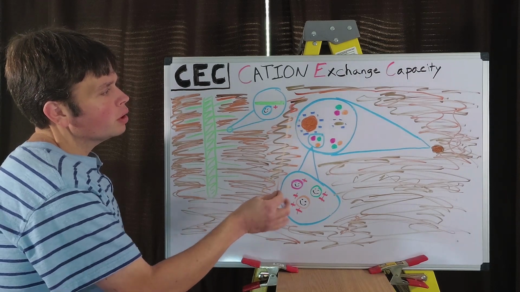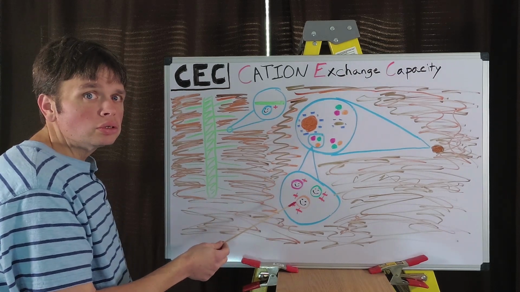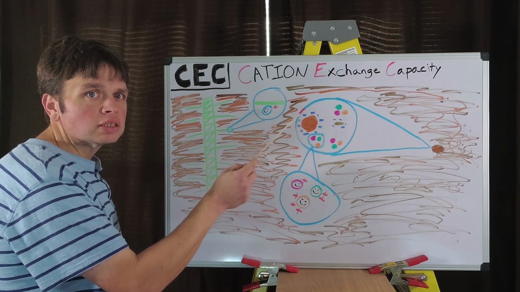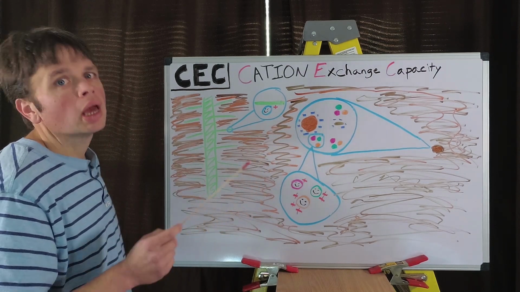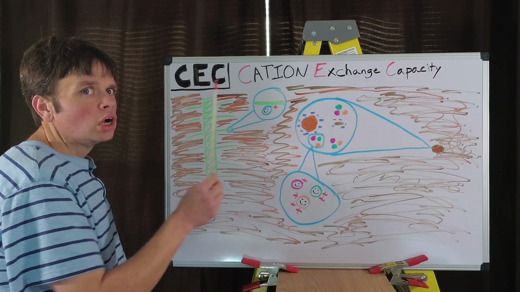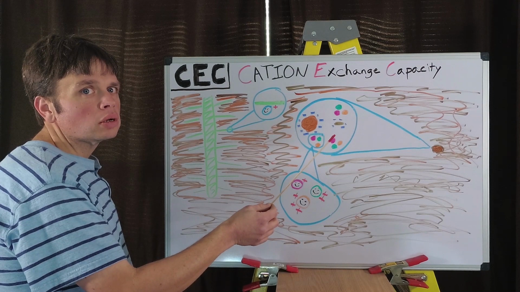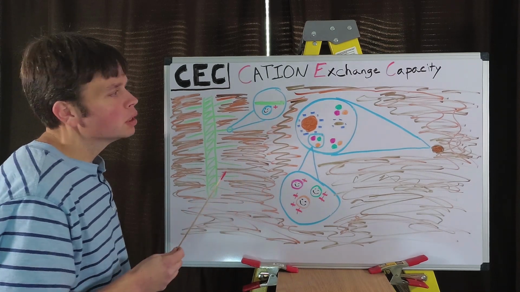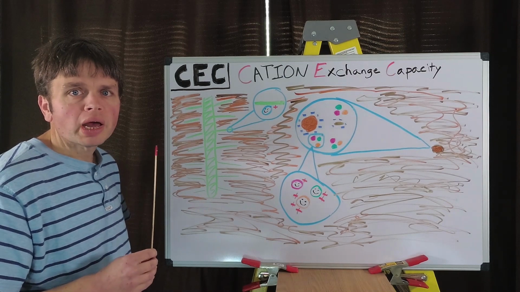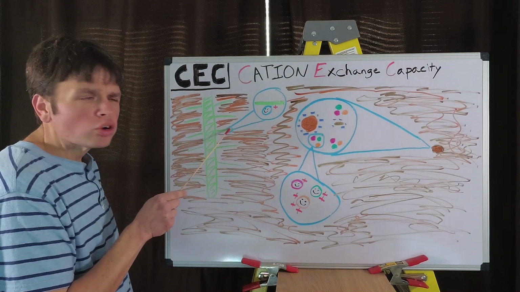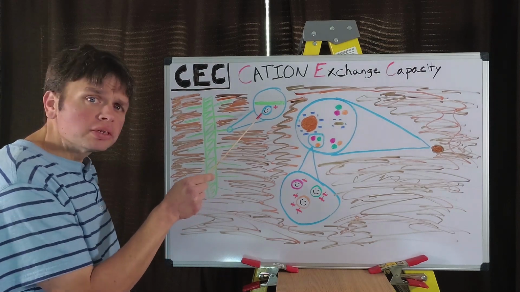So we have all the happy little nutrients locked up on each sand and clay particle, and we need to give the soil something to keep them happy, to keep a balance there. So what does this plant give the soil? Well, if we zoom in right here, you can see this little happy guy.